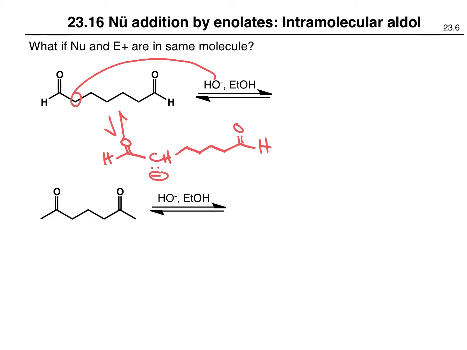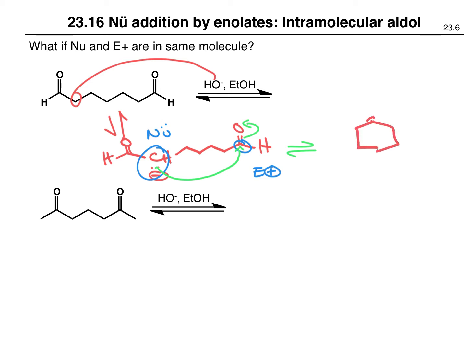So here we have our nucleophile and we have an electrophile. If this nucleophile shares its electrons with this electrophile, this is going to make a six-membered ring. And we know that six-membered rings are relatively stable, so this can happen.